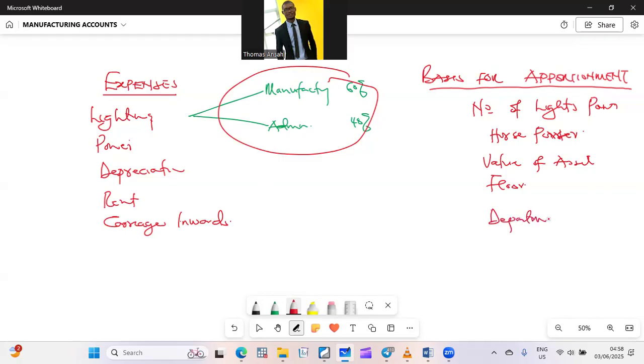So is it the trading department or the manufacturing department? All right. So that one is not a big deal for you because the examiner will make it clear as to which one is going to manufacturing and which one is supposed to go to the trading aspect of it. All right. So basically, that is that.